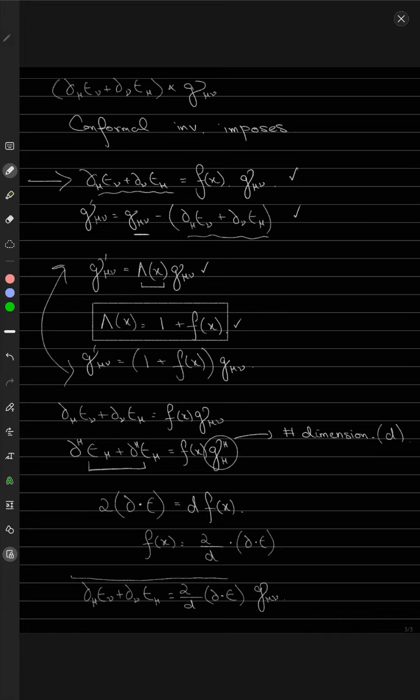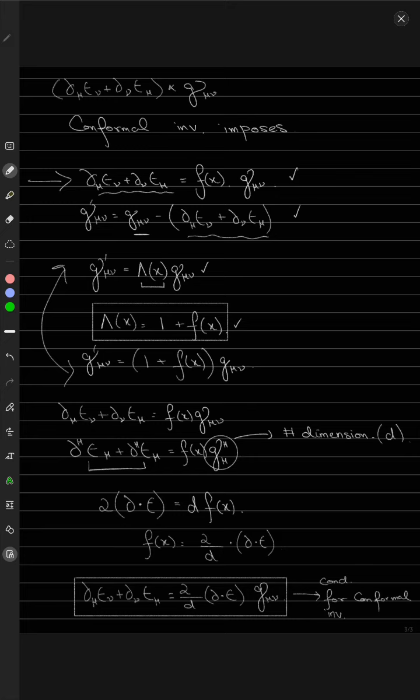So let's just box this equation. This equation is a very important equation, really. This equation is the condition for conformal invariance.